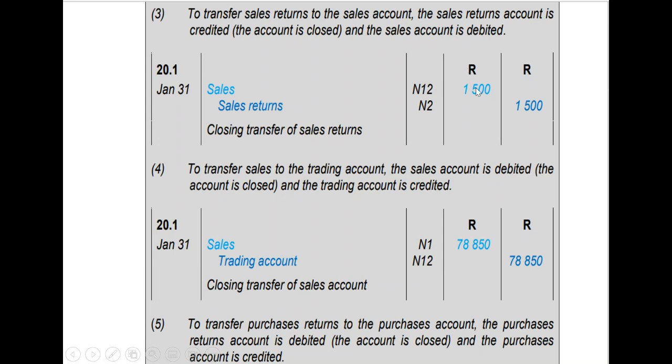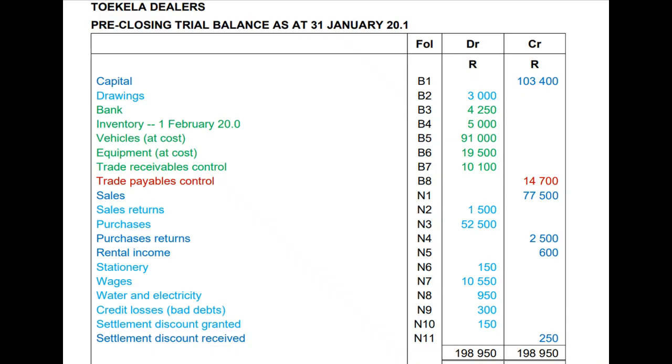Sales debited by 1.5 and you credit your sales return. This is the transaction that we normally do, then after removing those two, we say now we're closing off our sales. Remember, check here, the sales that was given on the pre-closing trial balance says 77,500.